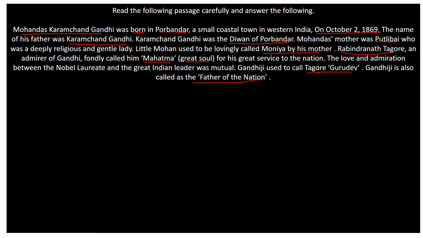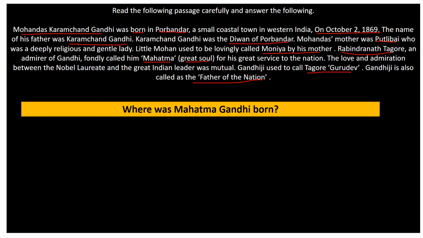Gandhiji is also called the father of the nation. So see the things which I have marked, and we'll see whether we are able to find our answers or not. Question number 1, where was Mahatma Gandhi born? Now don't get confused, read the question properly. Where means I want a place. If it were when, then I would want to write a date.